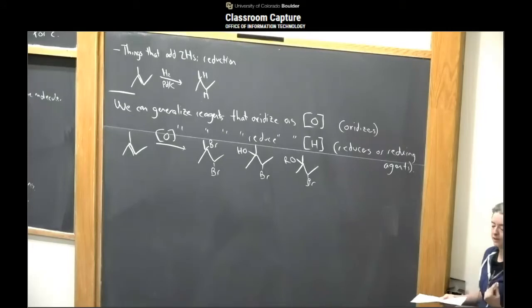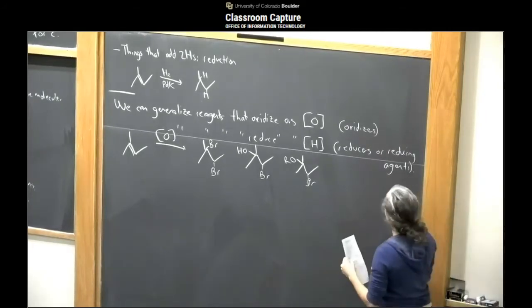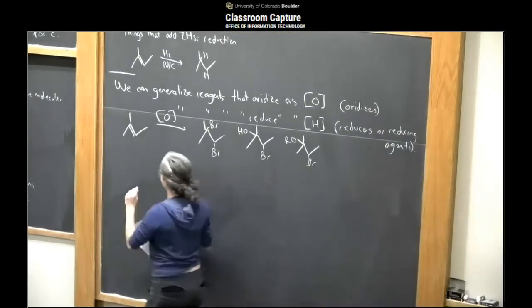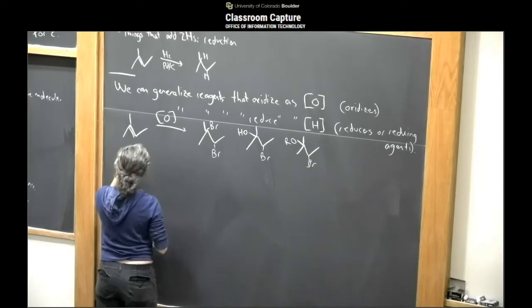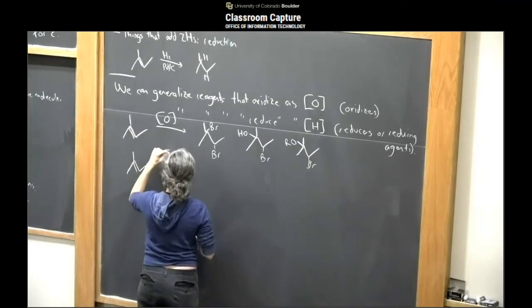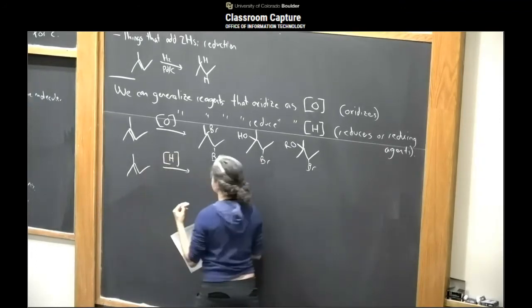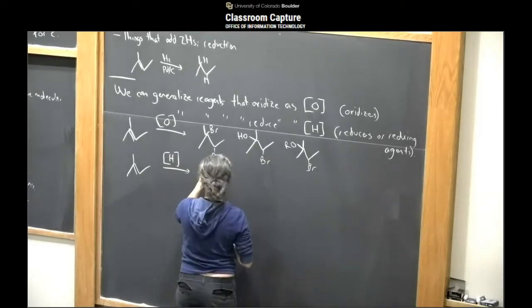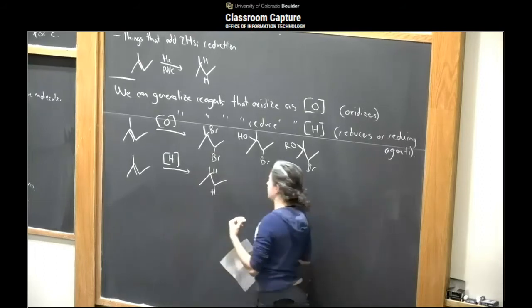All of those involve oxidations using some kind of oxidizing agent. Same thing for going the other direction. This with some kind of generic reducing agent on the arrow. The only reaction we've seen for that is hydrogenation right now.